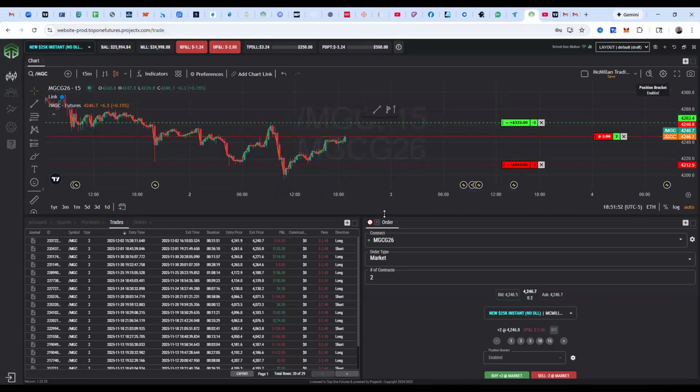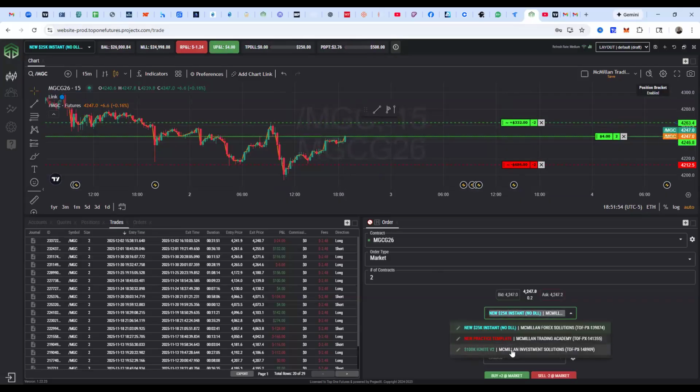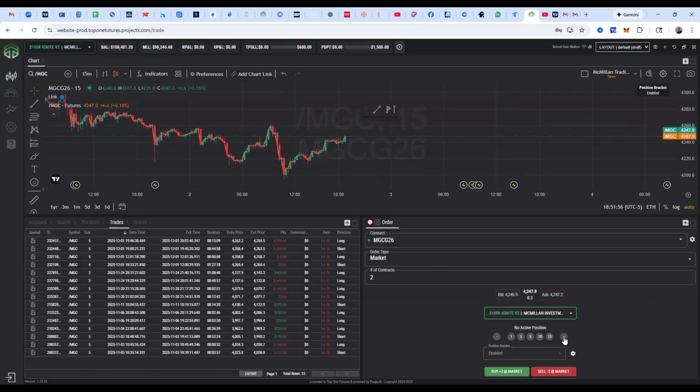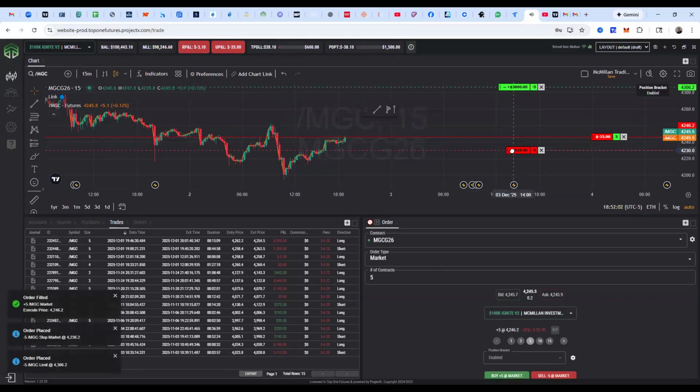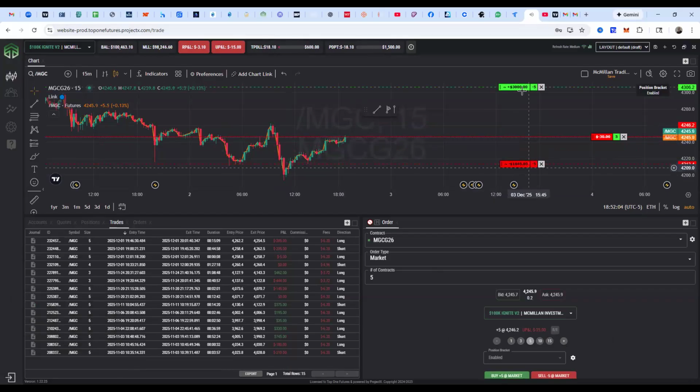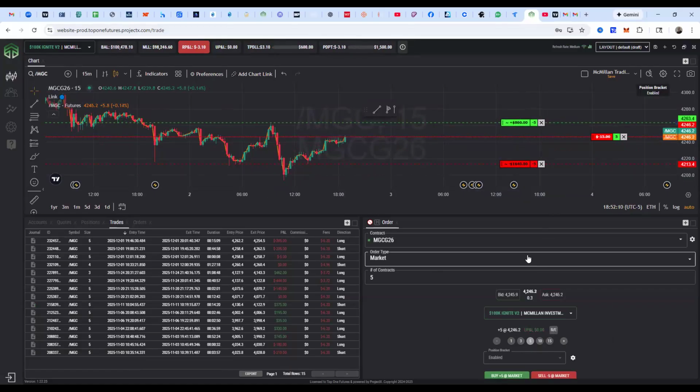That's what I'm going to do. Let me do the same thing with the 100K here. Order filled. Stop loss down here. Target this high. So we'll see how we do.